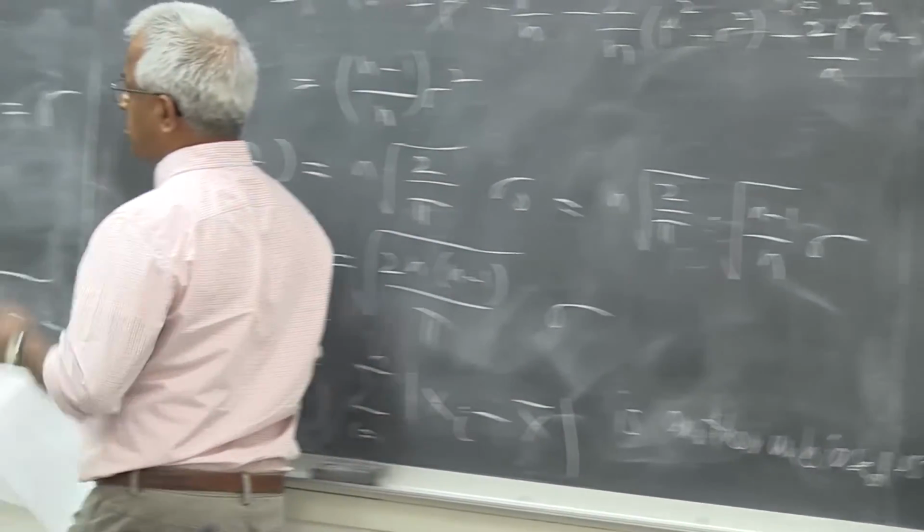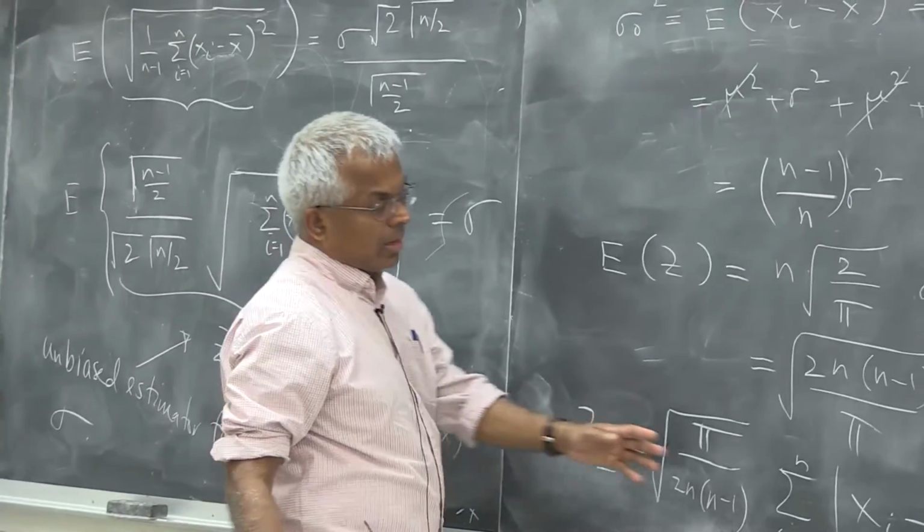So we have two unbiased estimators. One is Z1 here, the other one is this.